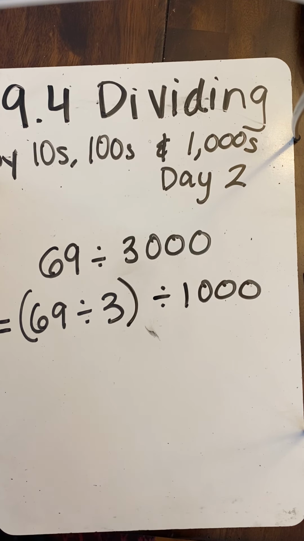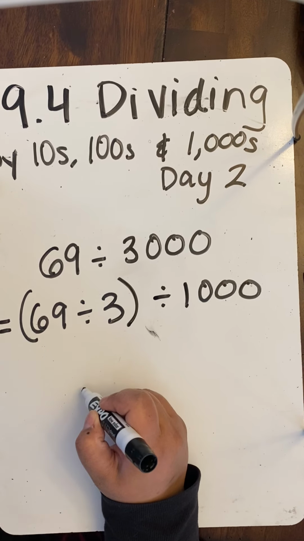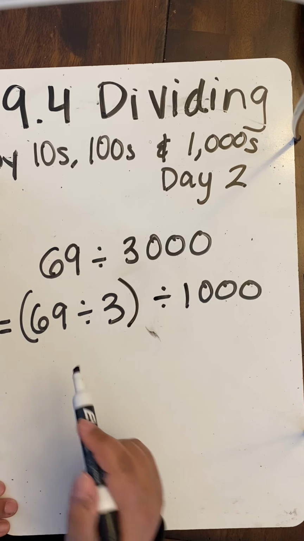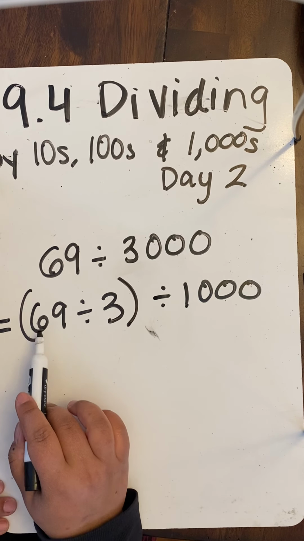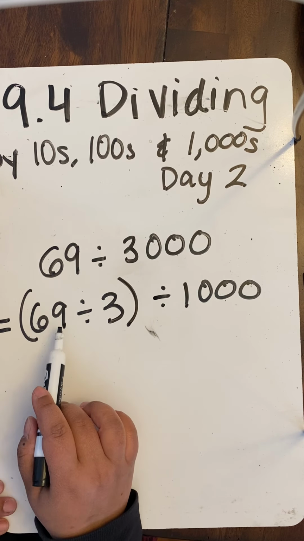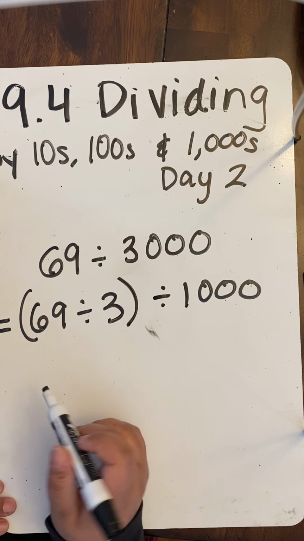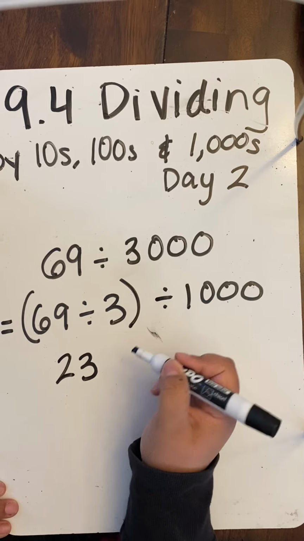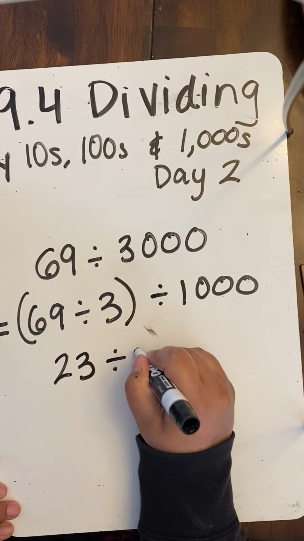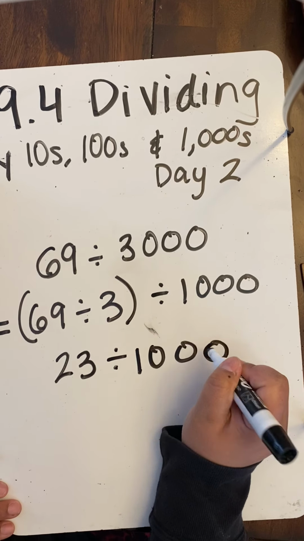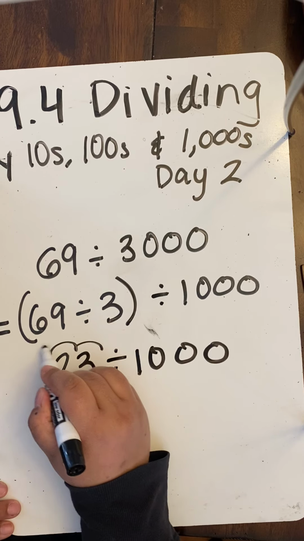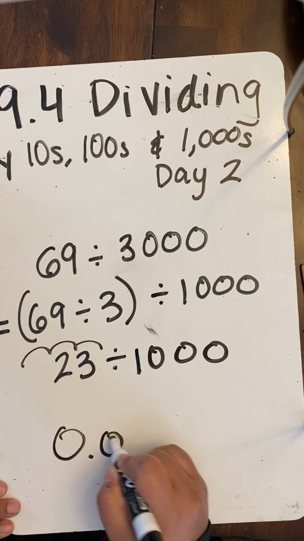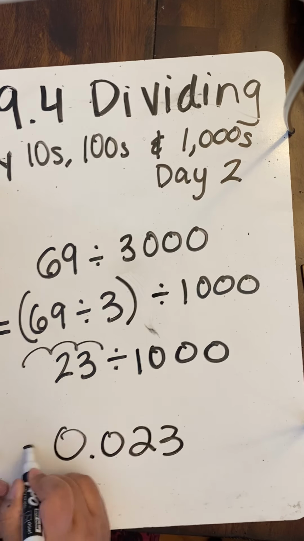If you can't do it in your head, then do long division. But a third of 60 is 20, and a third of 9 is 3, so it's 23. And 23 divided by 1,000 is 23 thousandths.